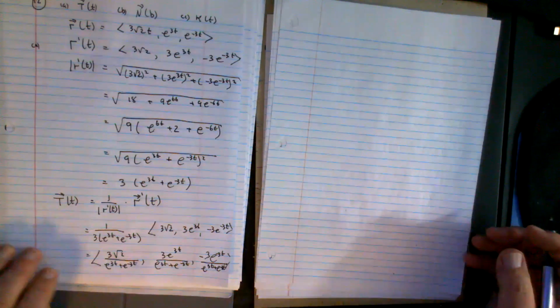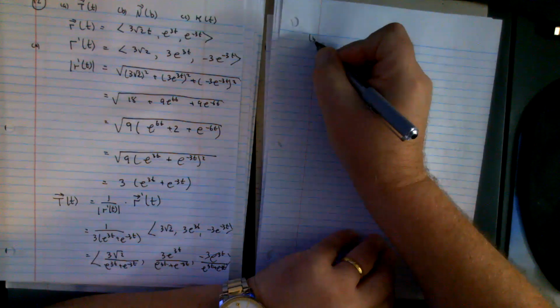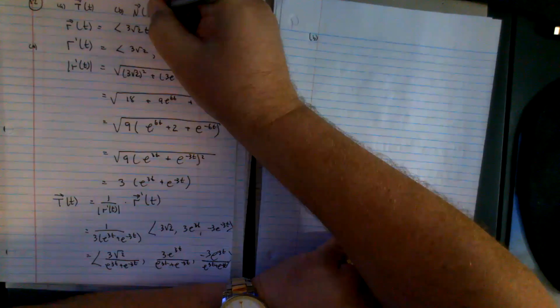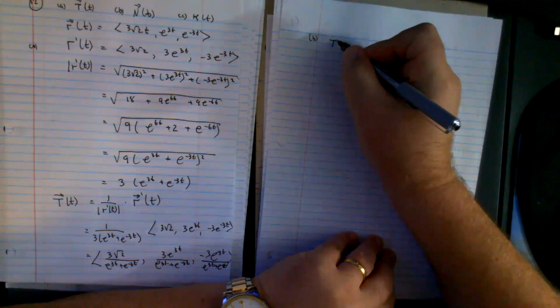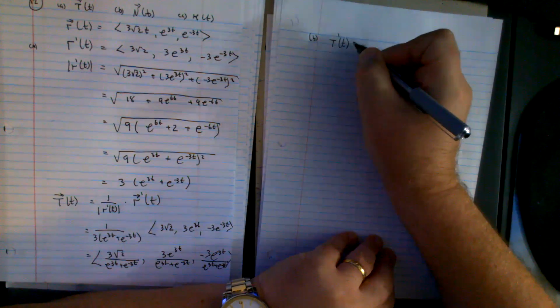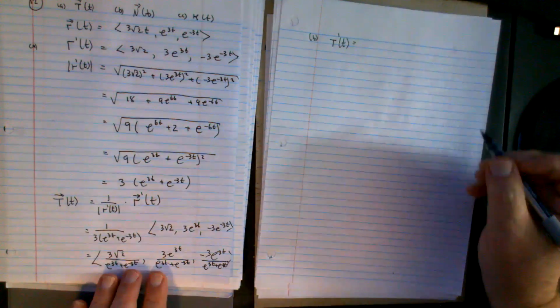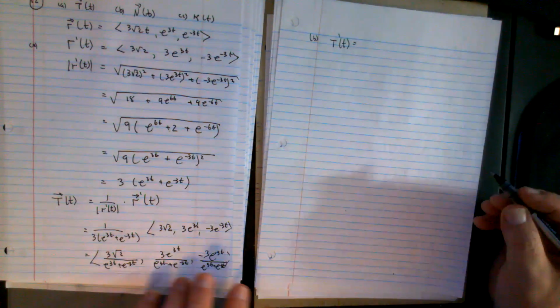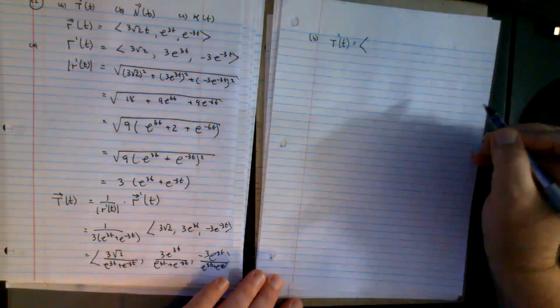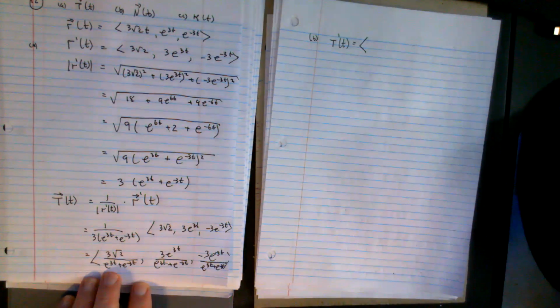So to move on to part B, to find the unit normal at t, we first have to find the derivative of the unit tangent vector. Now that unit tangent vector is really ugly, and it's going to take quite a long time to do that.